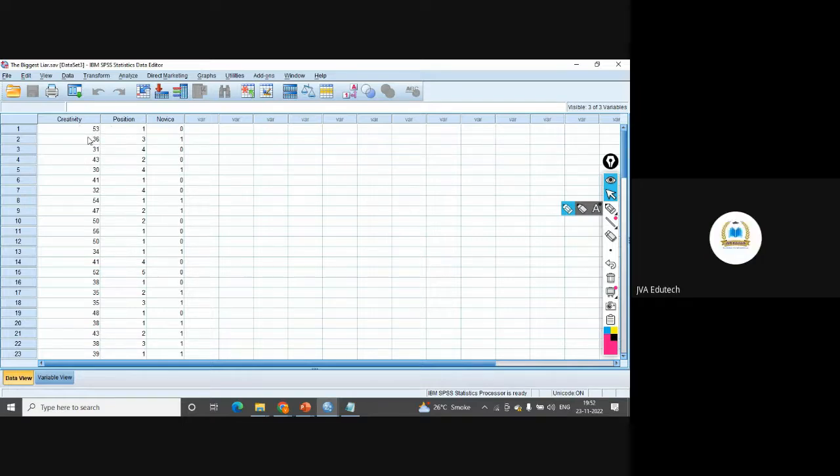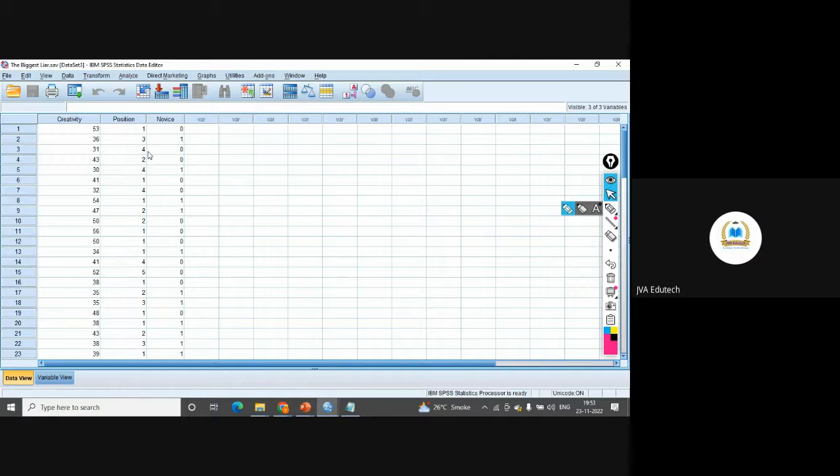Based on their score, they have been ranked first, second, third, fourth, fifth, something like that in that competition. The competition name is the biggest liar, because my assumption is that people who are more creative turn out to be better liars, meaning they will get a better position in the biggest liar competition.